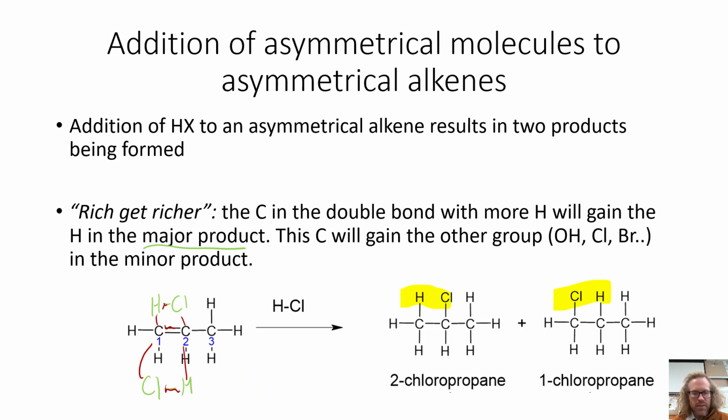And you do end up with both situations. But which one forms the most? If we look at our carbons 1 and 2, because they're the only ones of the double bond, carbon 1 has 2 hydrogens, whereas carbon 2 only has 1. So in the major product, the chlorine goes to position number 2. So 2-chloropropane is the major product, where 1-chloropropane is the minor one.